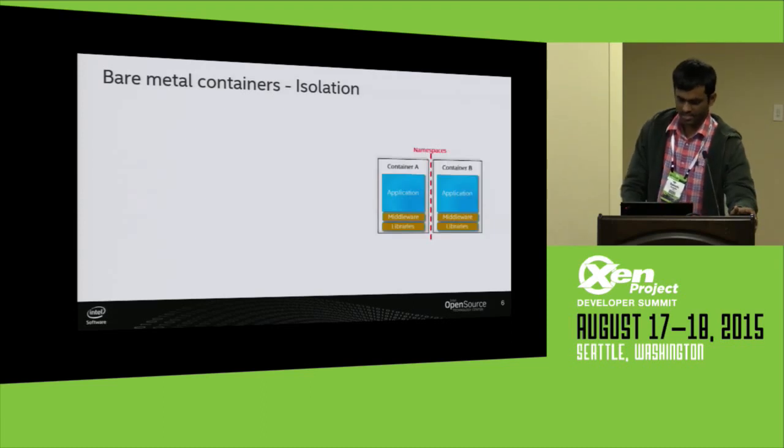Currently the isolation in containers uses namespaces, but is it strong enough, and what do we notice in the ecosystem?